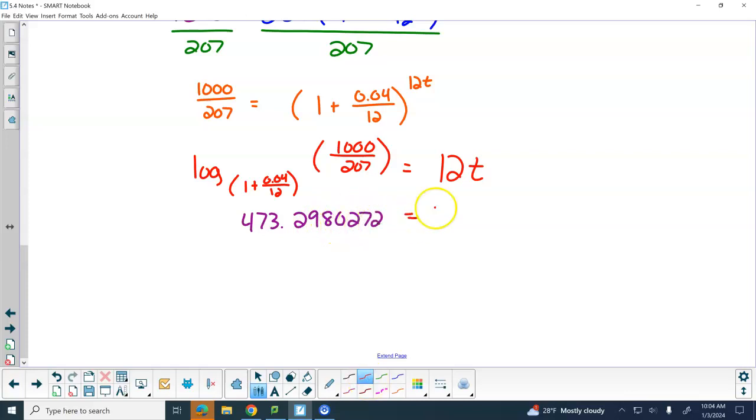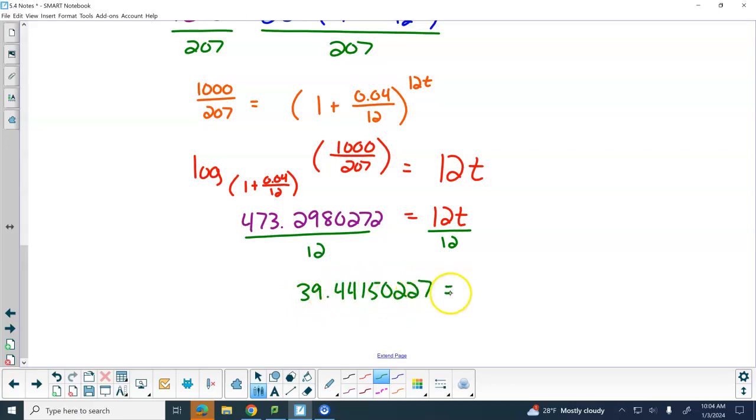That's going to equal 12t. Now when I divide both sides by 12, I get 39.44150227 is t.